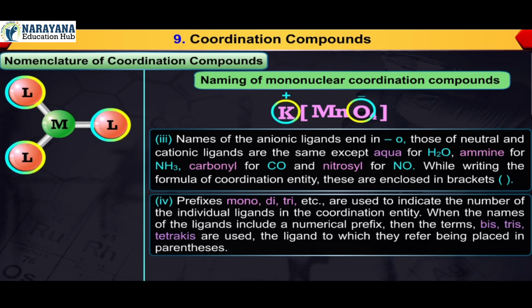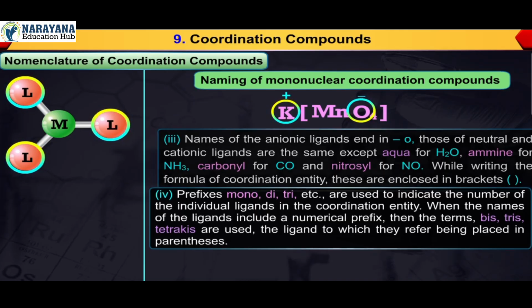4. Prefixes mono, di, tri, etc. are used to indicate the number of the individual ligands in the coordination entity. When the names of the ligands include a numerical prefix, then the terms bis, tris, tetrakis are used, the ligand to which they refer being placed in parentheses.